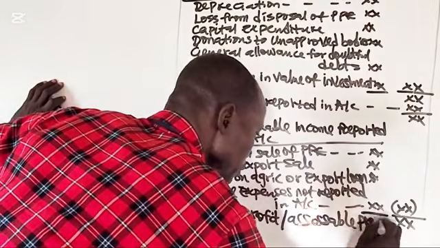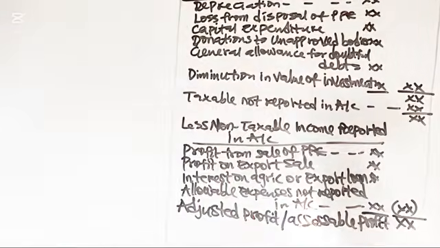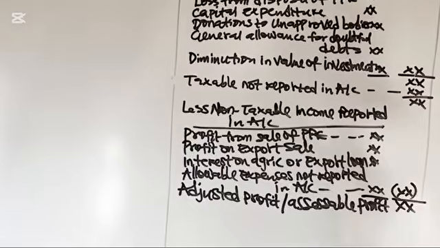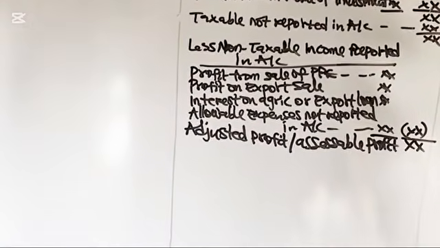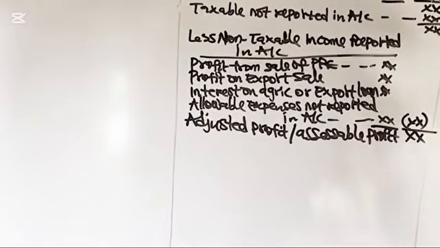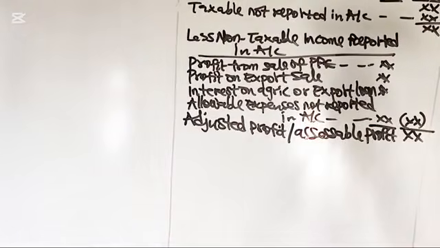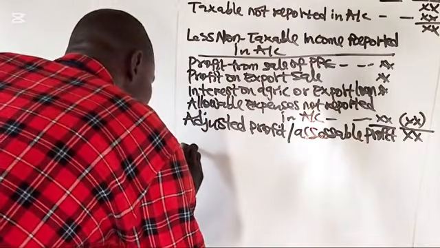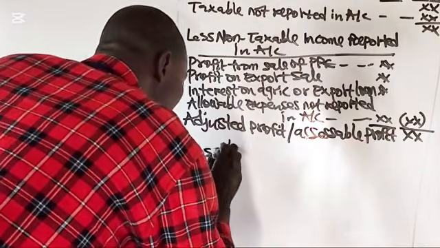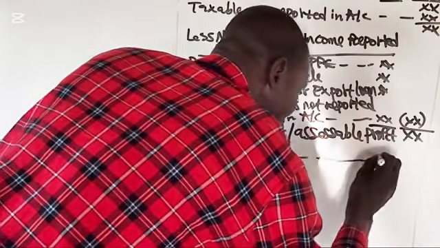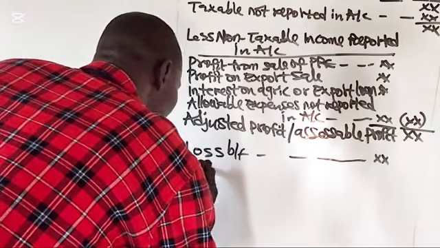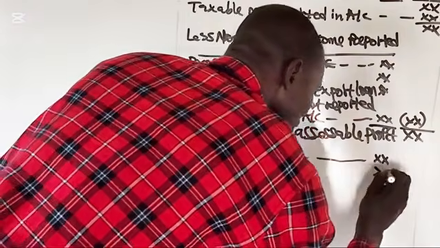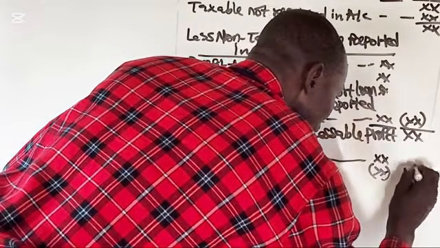After the adjusted profit or assessable profit, in case you have a loss for prior year, unrelieved loss, you are going to make it available for relief. So we have loss brought forward, that is from previous accounting period. Then loss relief. That loss, we want to relieve it.